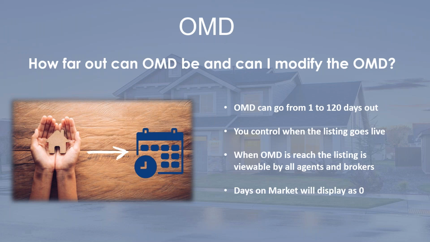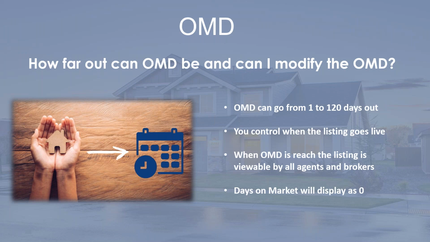Now, I will tell you an error that agents make on a regular basis, and that is, instead of using the future on market date, they submit a seller exclusion, which I'll talk about here in just a few minutes as a distinction. But the most important takeaway here is it gives you a great tool to overcome objections that I'm not ready to list right now because the property is not ready for sale.